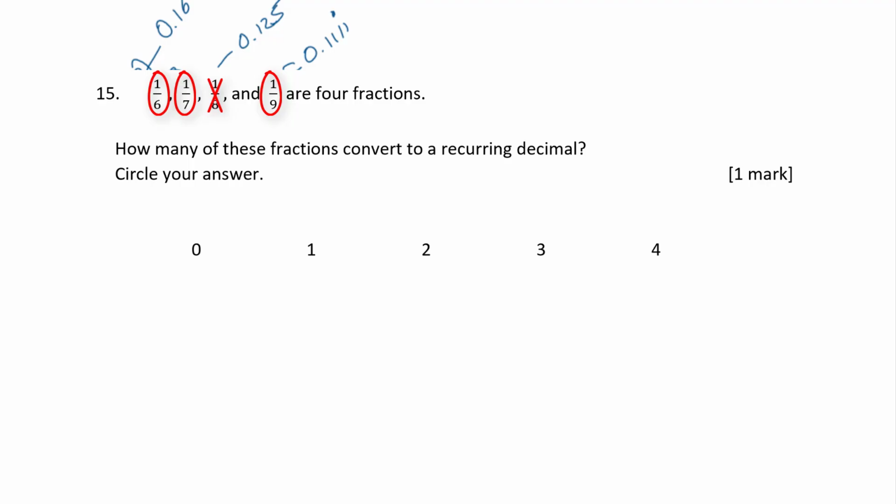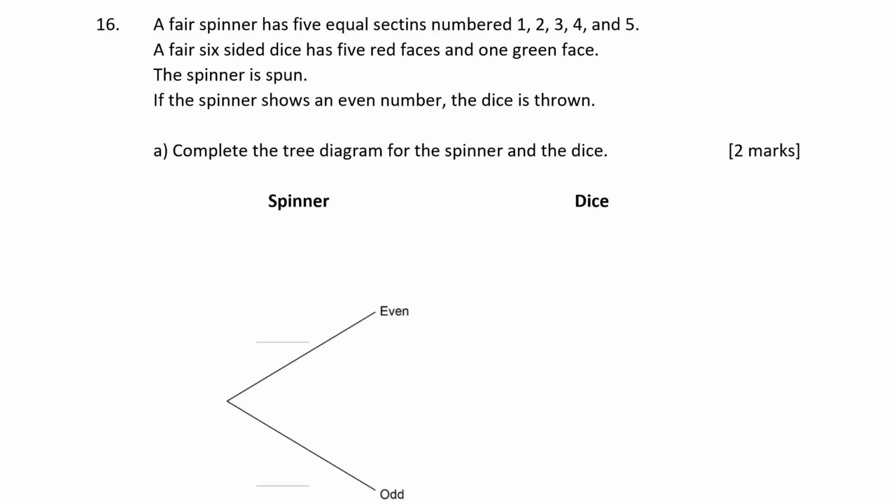I suppose in an exam, if you couldn't remember, you could try long division and see what you got. If you did that, I'm sure you would work out pretty quickly that it does recur. I'm going with 3.